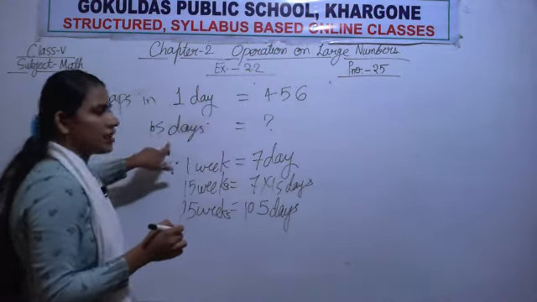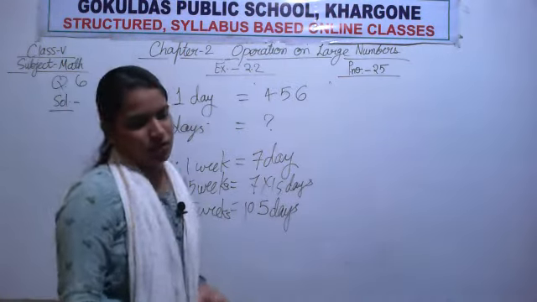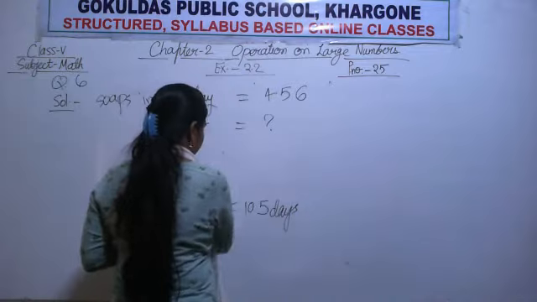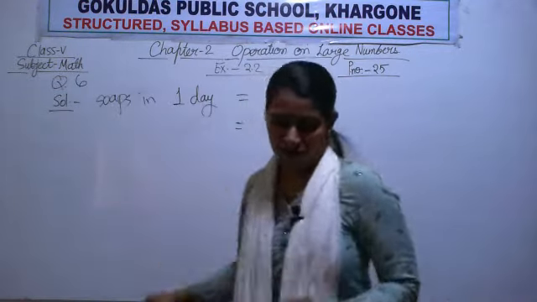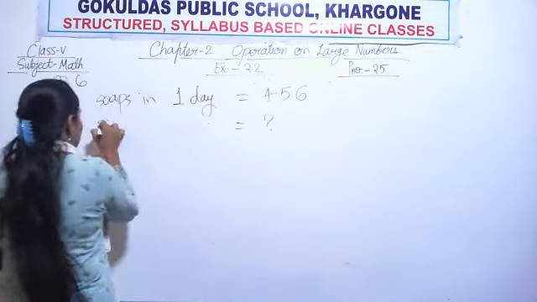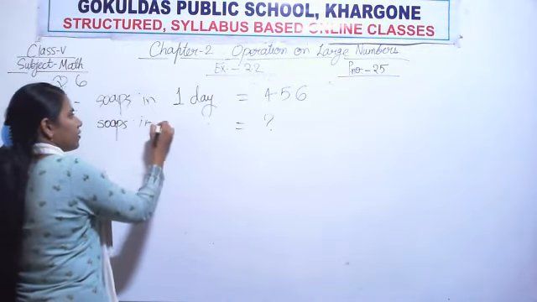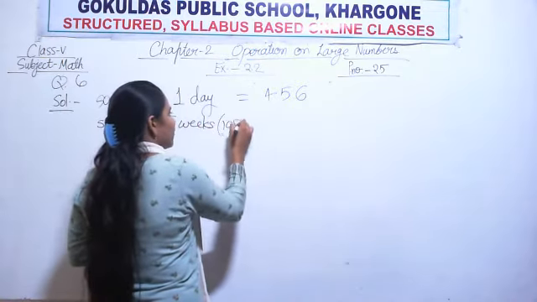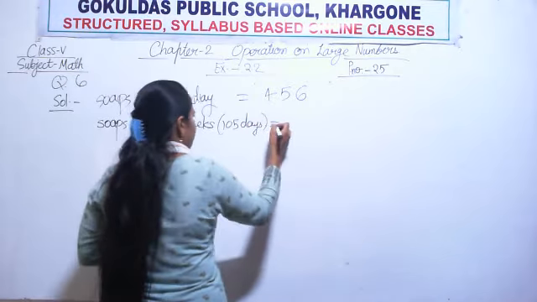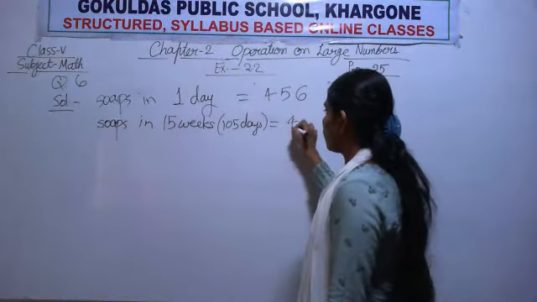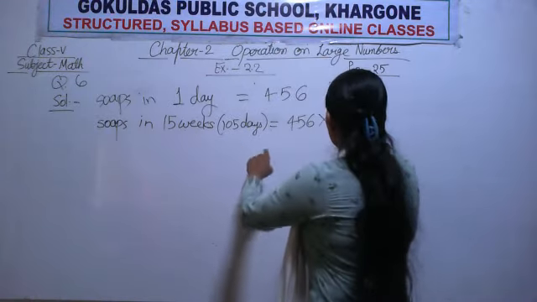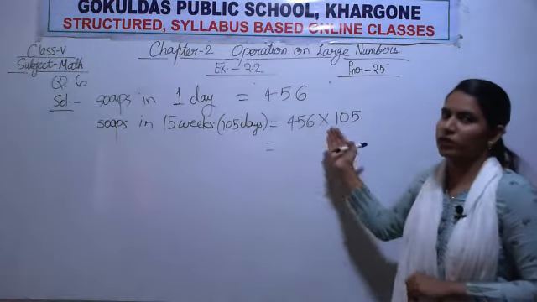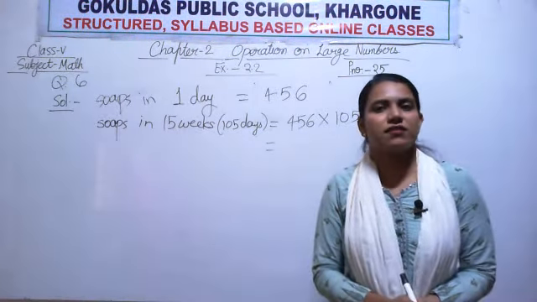Now both the data are in days, so you can calculate now. Manufacturing of soaps in 15 weeks, or in brackets 105 days, equals 456 multiplied by 105. Now you will multiply both the 3-digit numbers and get the answer.